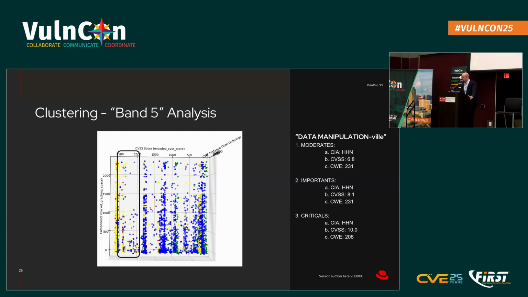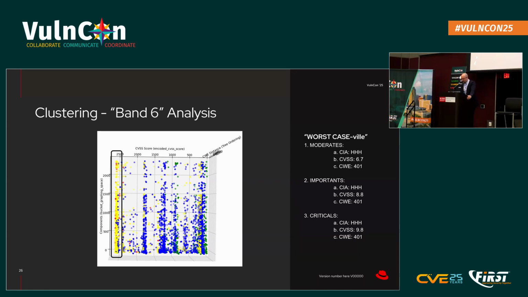Band 5, data manipulationville, again, very creative name. The idea here is we're starting to see the more severe kinds of flaws. So C and I are high in terms of impact. That's in line with things getting more severe. And if we look at band 6, worst case, right? This is everything's high. Everything is as bad as it could possibly be.